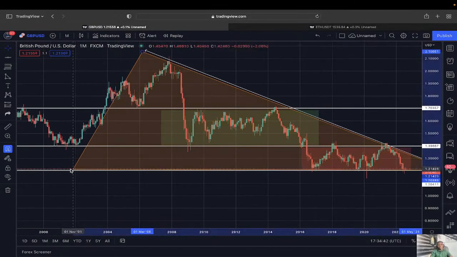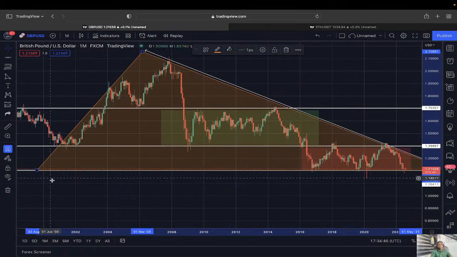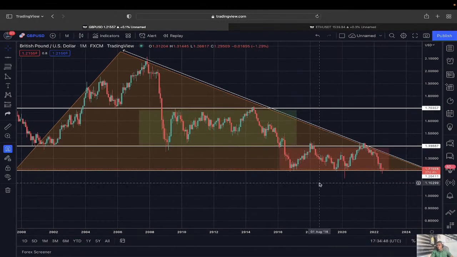What chart pattern is this? Who can tell me? Anybody?